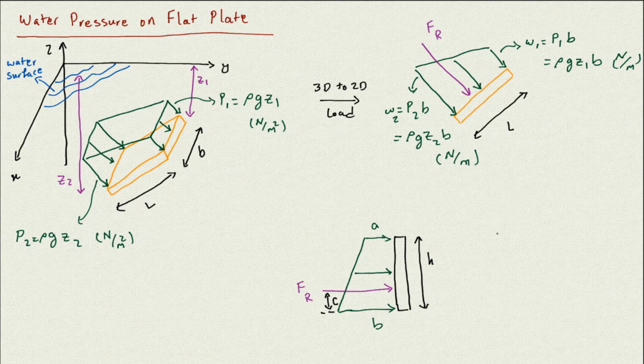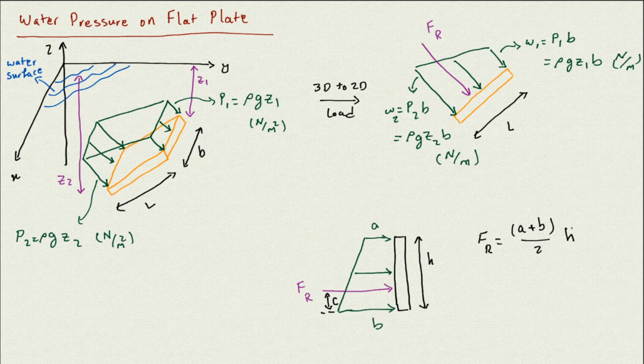So the Fr, the magnitude of that resultant force, is just the area of that trapezoid, so it's going to be (a plus b) divided by 2 times h.